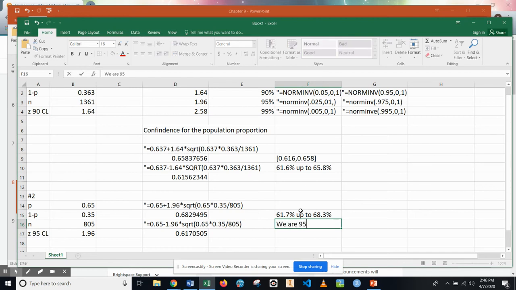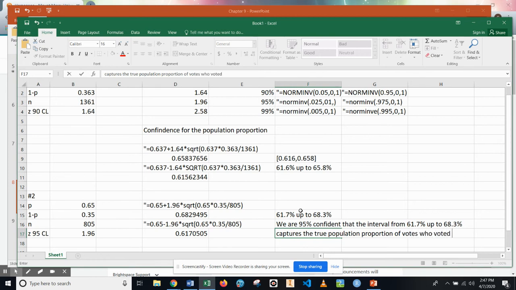We are 95% confident that the interval from 61.7% up to 68.3% captures the true population proportion of voters who voted yes.